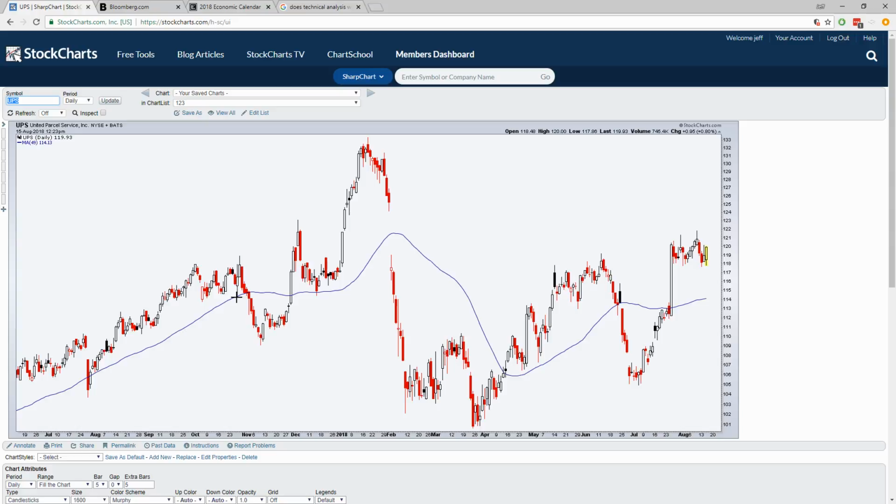And so for technicians, for those looking to use technical analysis in their trading, the first thing they have to remember is keep it simple. Every time you get a buy signal or sell signal based on technical analysis, there's somebody else getting the opposite signal based on something completely different. There always is.